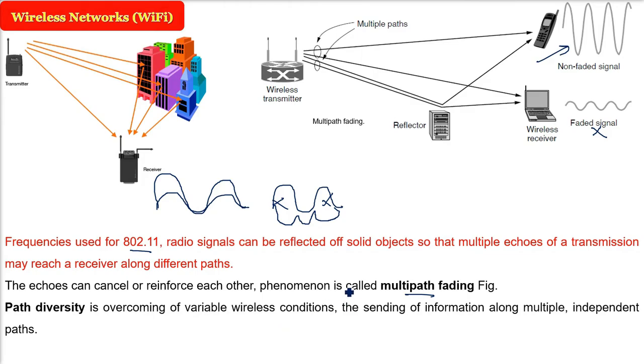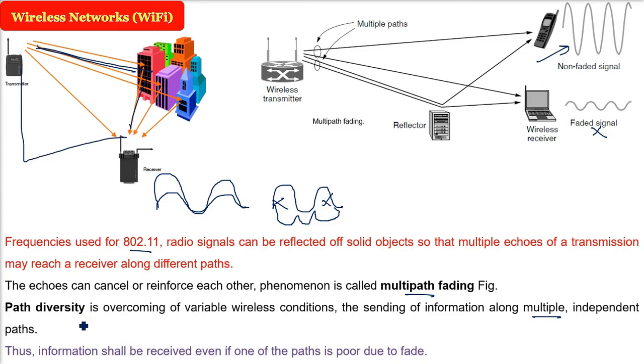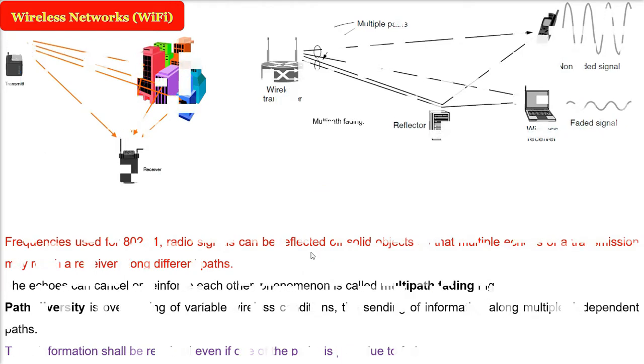This has come to overcome the variable wireless condition. We can take multiple independent paths to send the information, not sending in one direction but on different paths. That is why it is called path diversity. And the information shall be received even if one of the paths is giving you a faded signal.